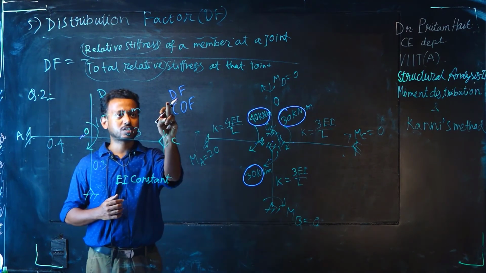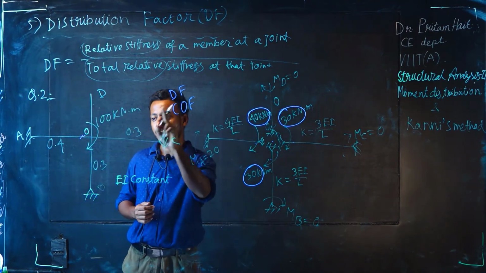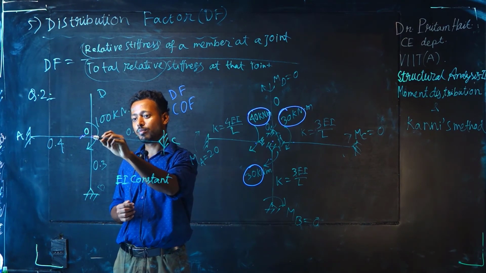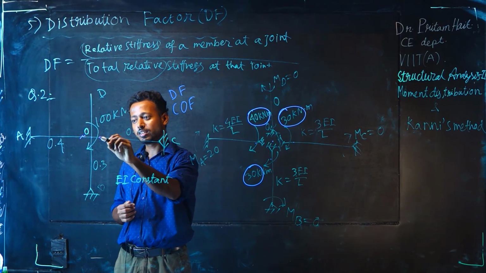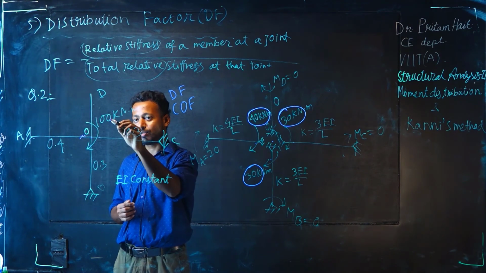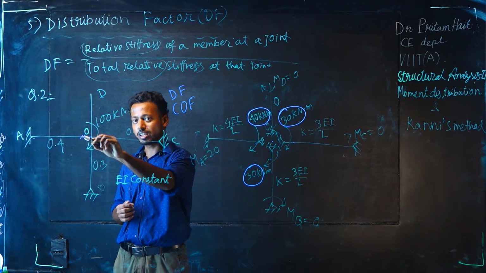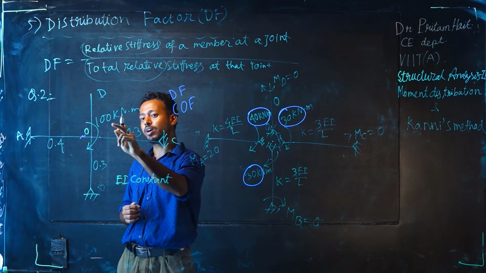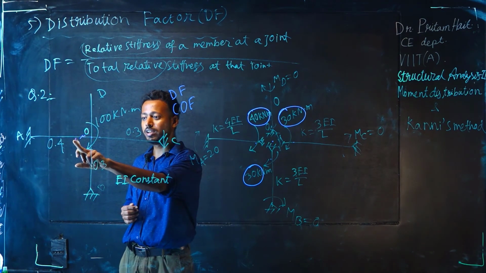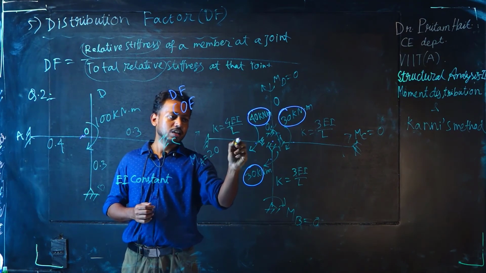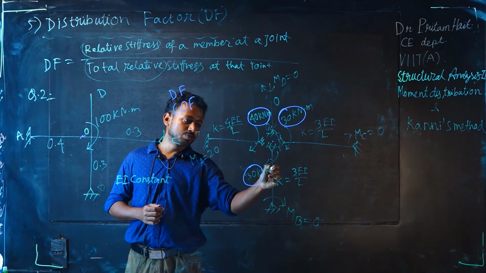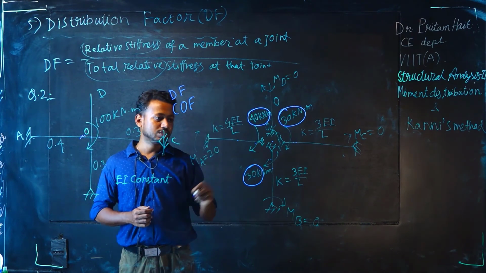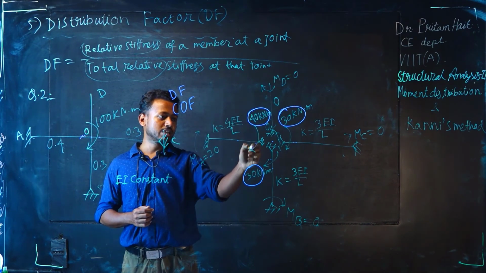Using the distribution factor, I can calculate the applied moment which is transferred from the joint to the individual member: 0.4 of 100 is 40 kilonewton meter will be transferred to this member, 30 kilonewton meter to this member, and 30 kilonewton meter to this member.